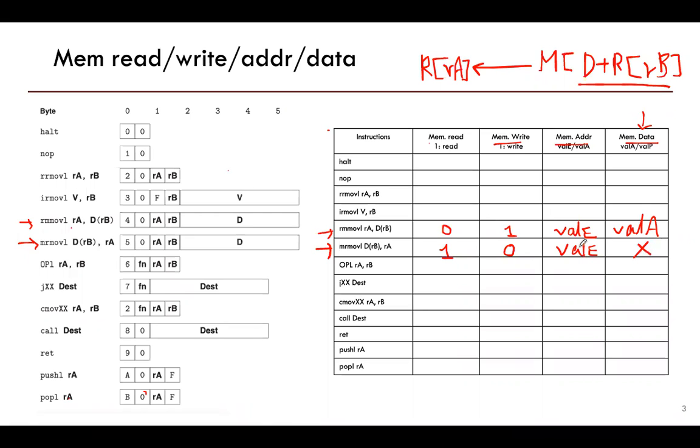As long as you generate the write signal as 0, whatever data is in the data line going to the data memory won't be written, because that is controlled by this control signal.